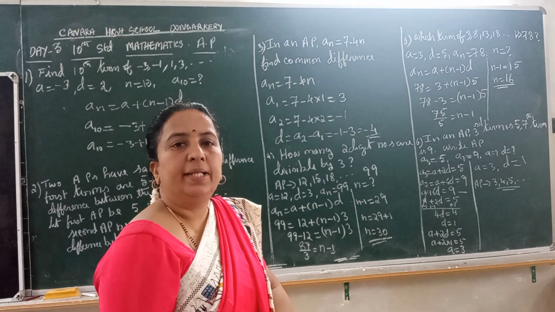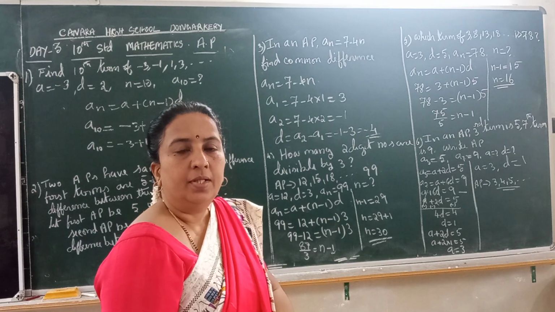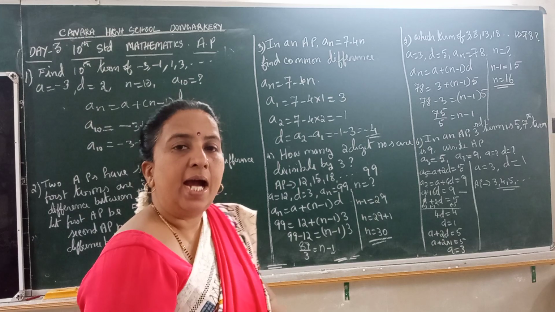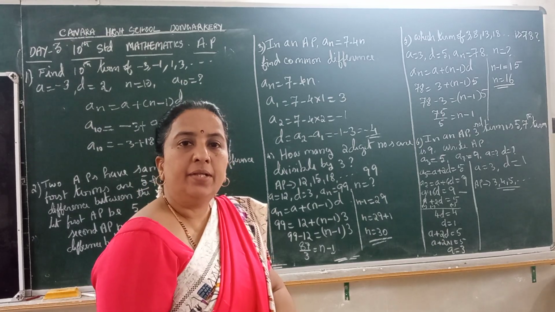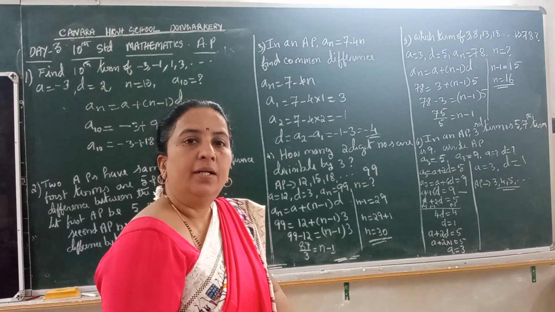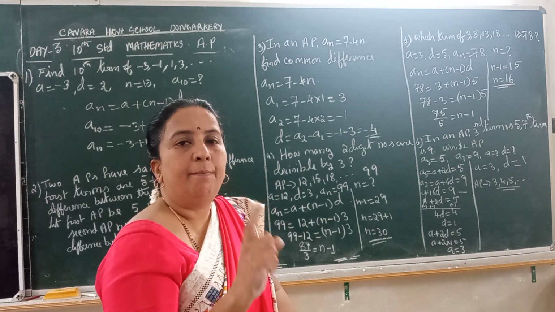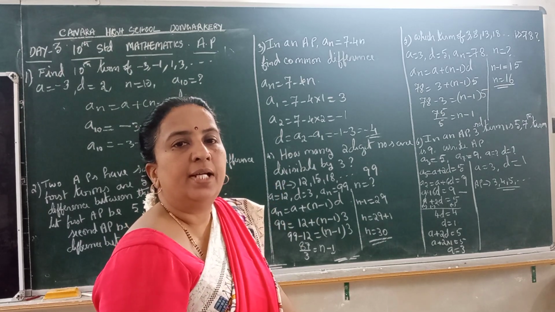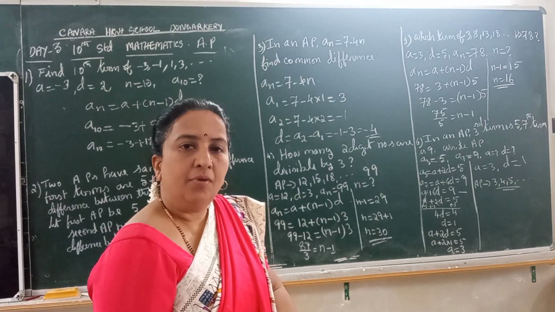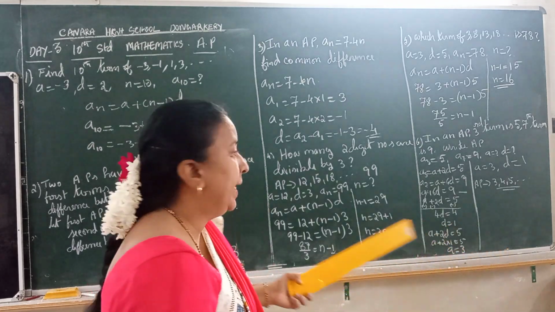Numbers divisible by 3 and the 3 table are the same. Not single digit, two-digit numbers. Two-digit numbers start from 10. Can you divide 10 by 3? No. Next, 11. We can't. 12? Yes. Therefore, the starting two-digit number divisible by 3 is 12. 3 4s are 12. Next number, 3 5s are 15.